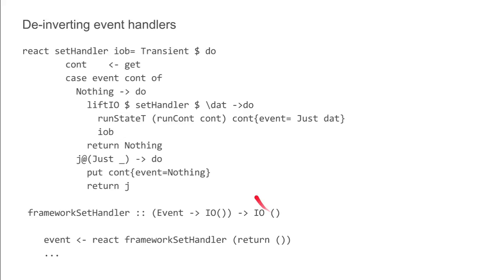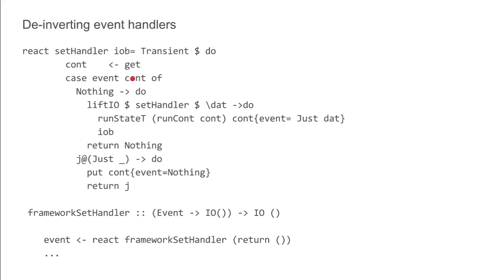So what we do, we get the state of the TransIO computation. If the buffer of the computation, or the event contained in the state, is not filled, this is equivalent to the buffer being empty. If there is nothing, we set the handler.